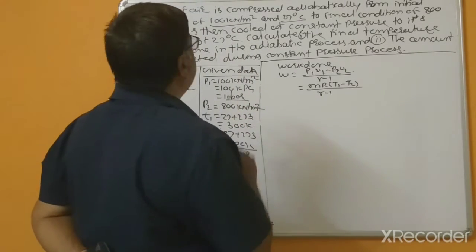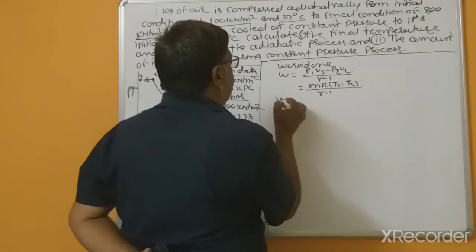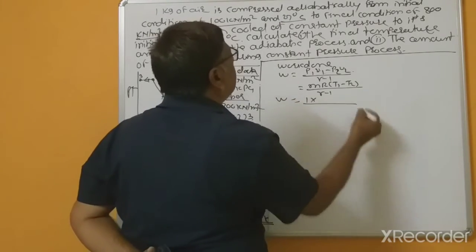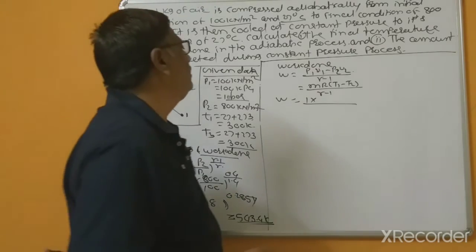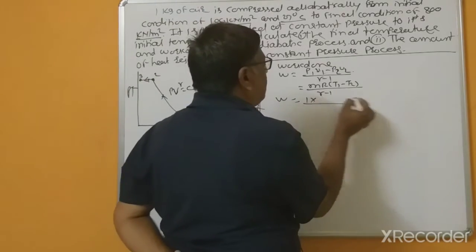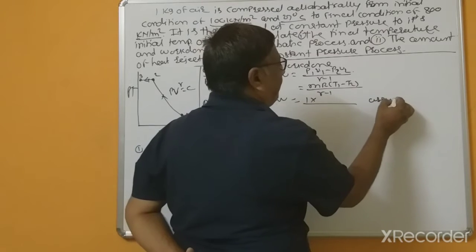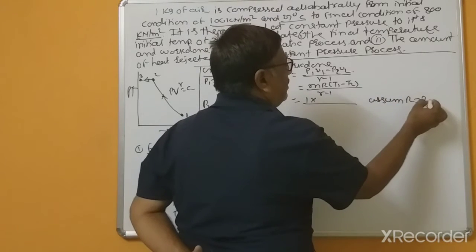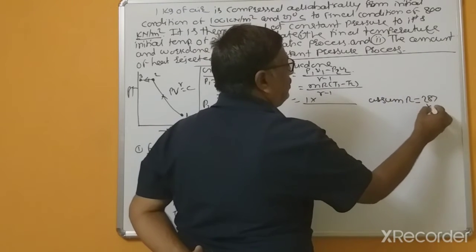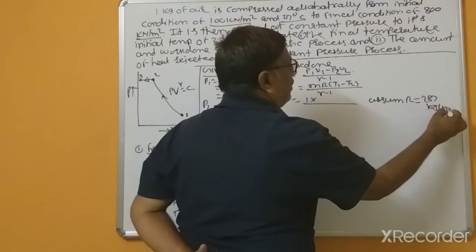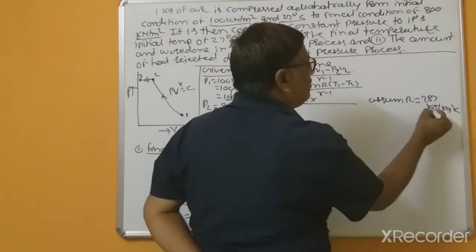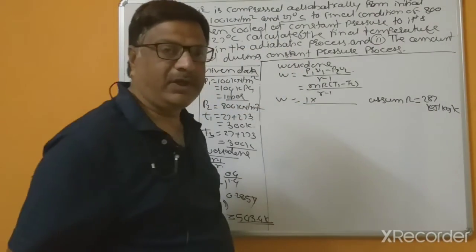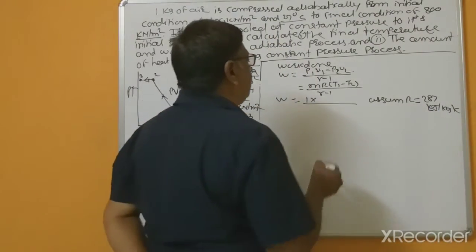And mass equal to 1 is given. R is not given, so we can assume R equals 287 joule per kg Kelvin, and we consider it in kilojoule so that we get the answer directly in kilojoule.